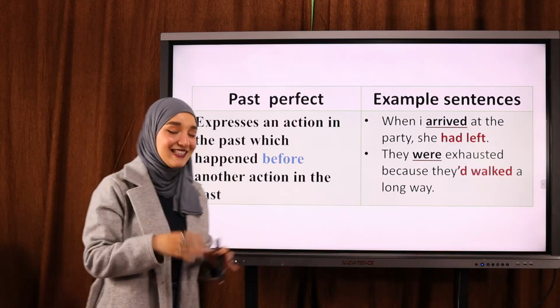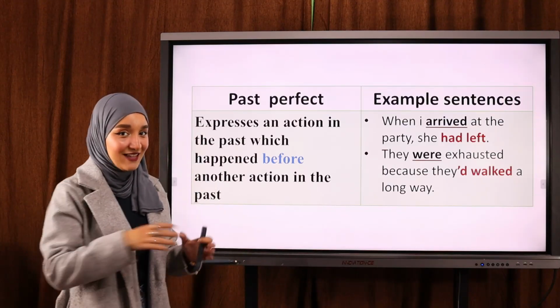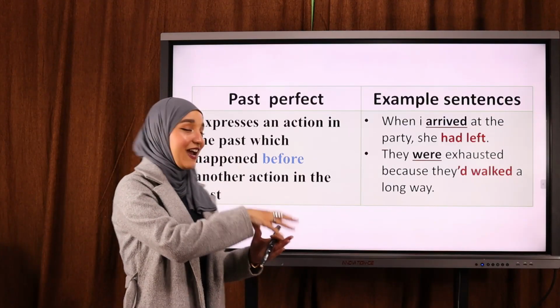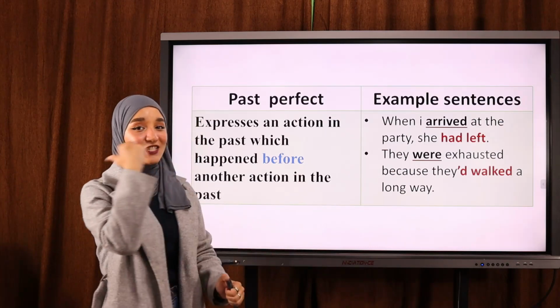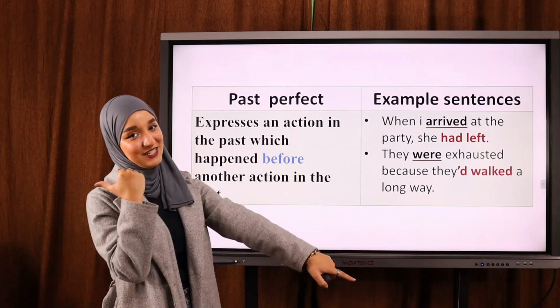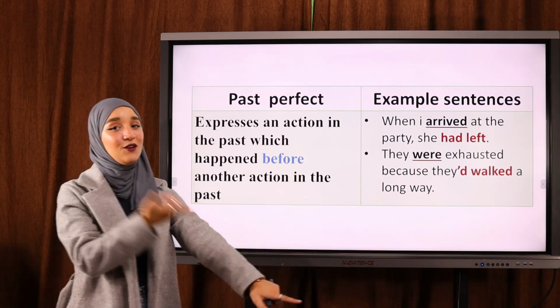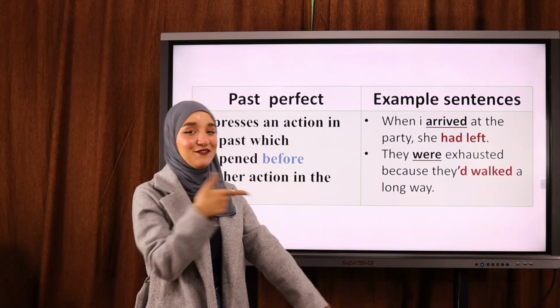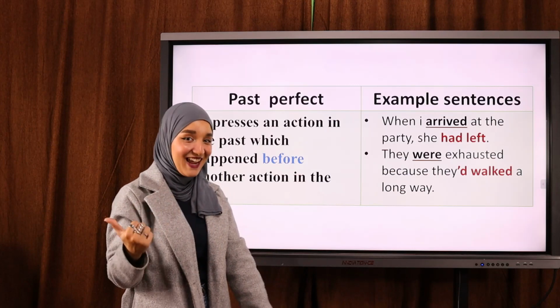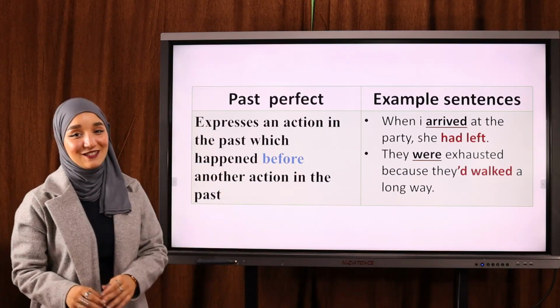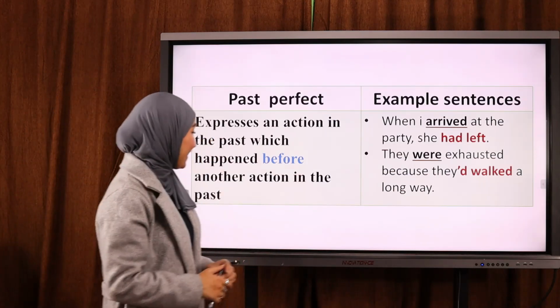Whoa, this is a little bit tricky. So yeah, an action in the past, but another action happened before the action that happened in the past, and that action happened in the past perfect. جرت في الماضي التام, okay?